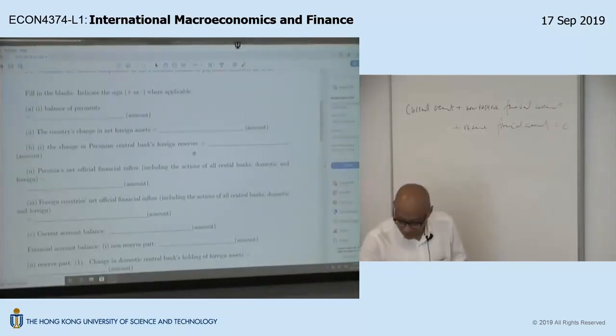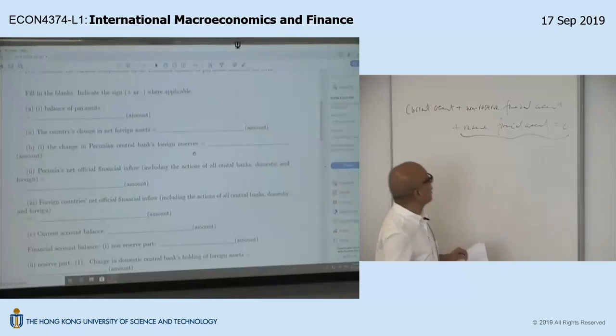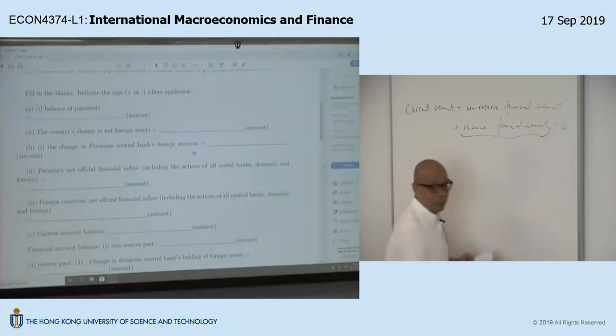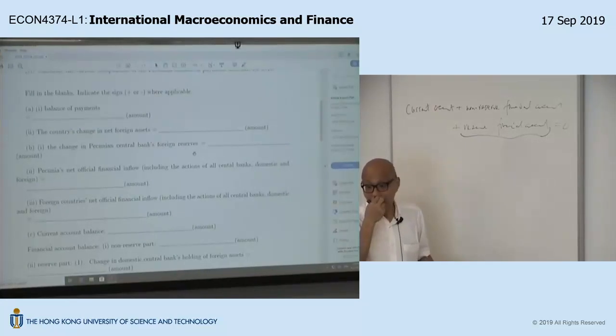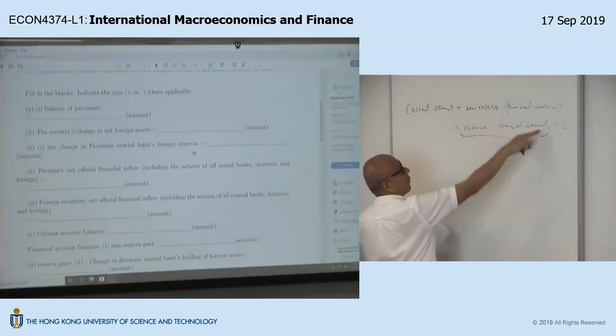Okay? You have to invoke that, but the reserve financial account, on the other hand, is determined by the action of both the domestic central bank and foreign central banks. Okay? So this is the financial account balance.